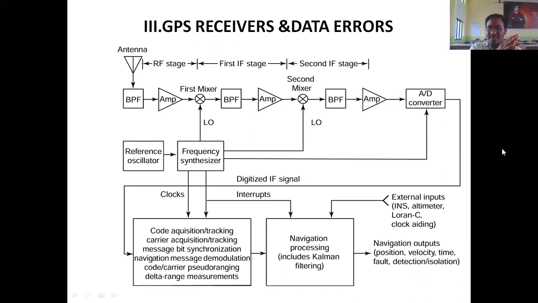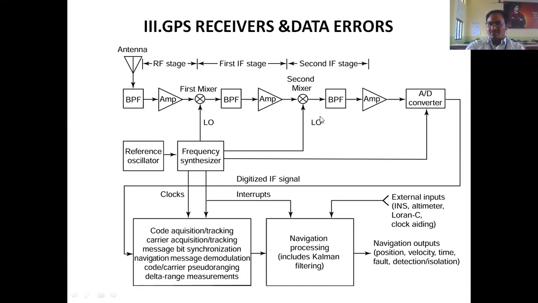So what is happening in the two IF stages? The frequency down conversion is being done. Of course, the frequency down conversion is done by multiplying with the local oscillator frequency. The local oscillator frequency is generated from a reference oscillator, and the same is used for the first IF stage and for the second IF stage.